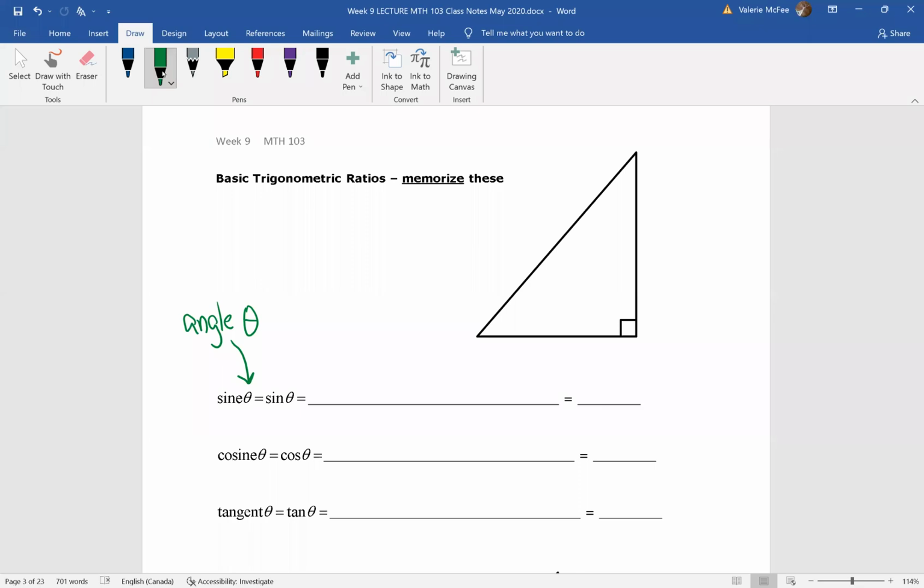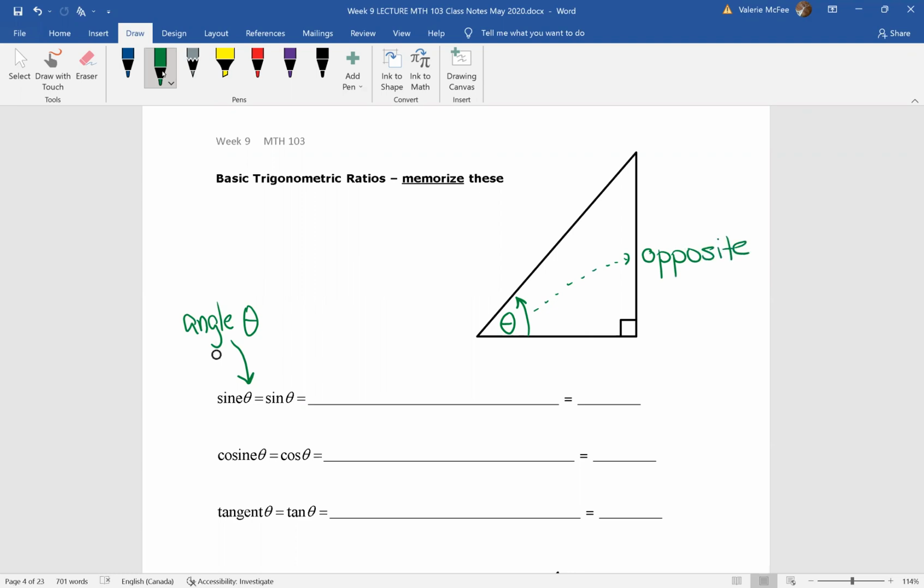So let's call this angle here theta. It's going to be the angle between our initial side and our terminal side. We can label the sides of this triangle according to theta. So this side here is opposite our angle.